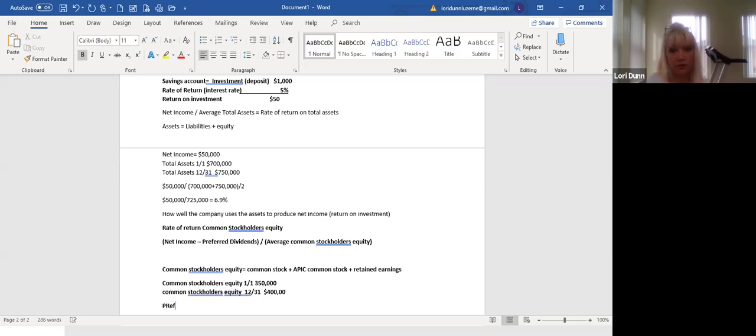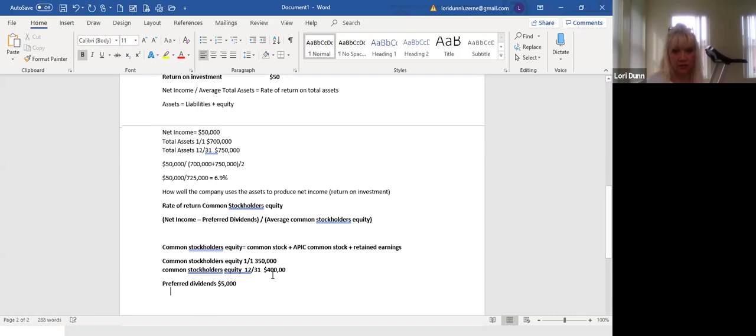And the preferred, let's pretend there's preferred dividends, are $5,000. Taking the information from above, the net income was 50, so I'll do that again. Now, fill it in. 50,000 minus 5,000. So of the 50,000 in net income, only 45,000 is available or made for the common stockholders.